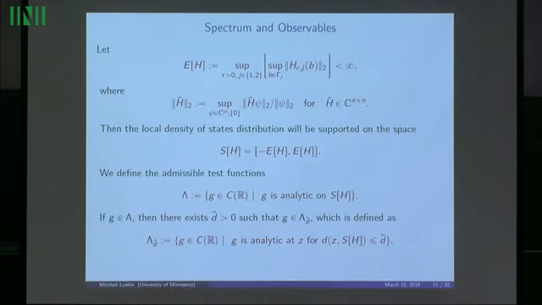Okay, so now to be a little more precise, let's look at the spectrum. Let me call it S of H. It essentially is an interval in the real line that contains all the eigenvalues that are ever going to pop up in this problem. I think you probably all know about the spectrum of a Hermitian operator.